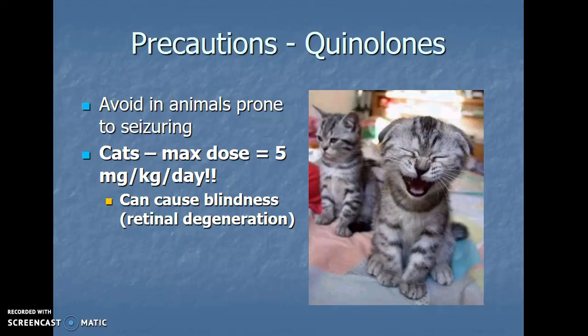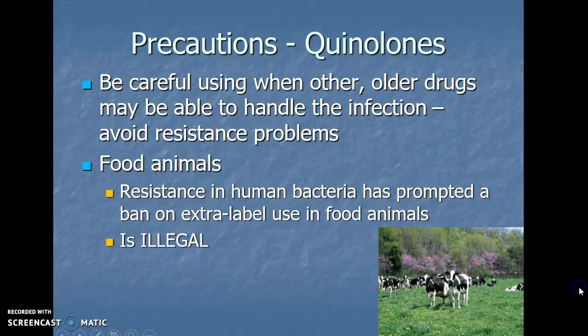So we want to make sure it's not an infection. If it is an infection, we absolutely want to treat it. But we may go through some other routes of what's going on in the household, behavioral things with the cats before reaching for drugs these days. In general, if there are older drugs that will do the job, veterinarians are hopefully reaching more for them.